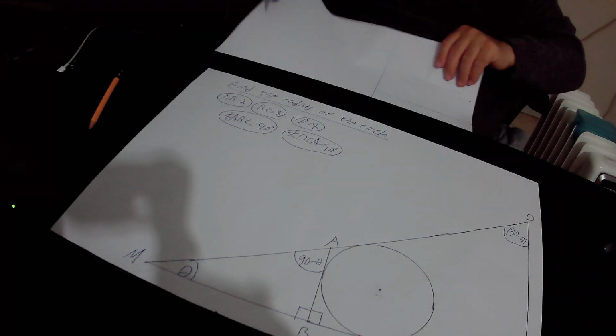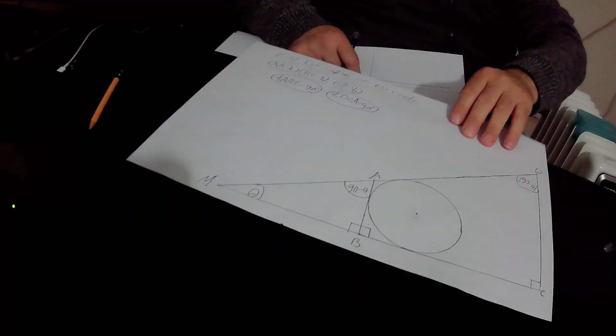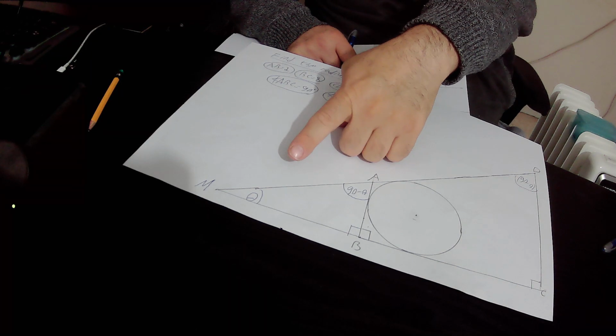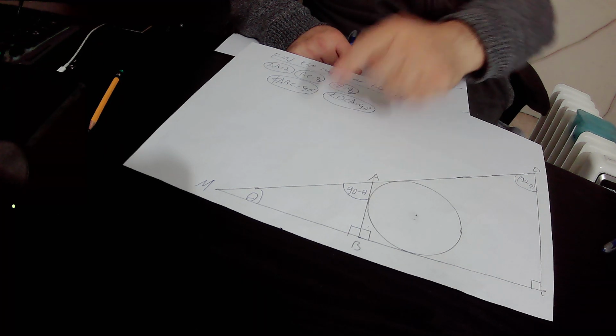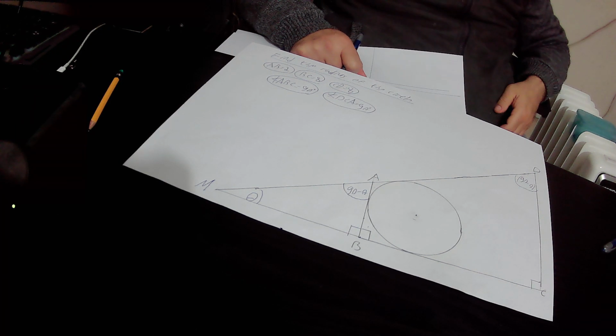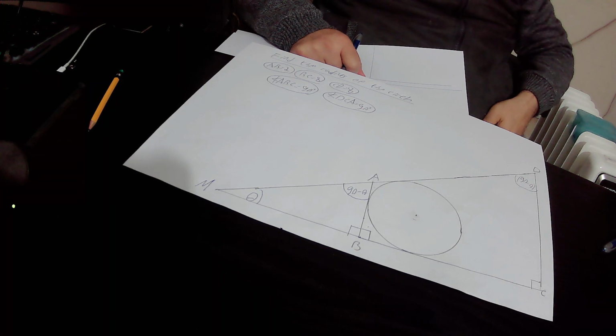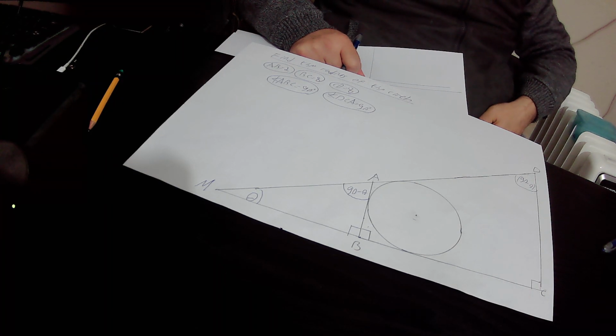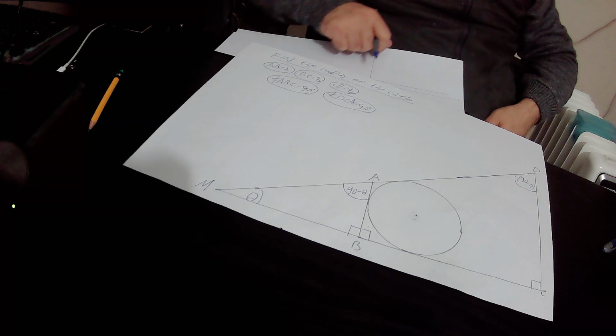In addition, this is angle theta. It is a common angle that belongs to both triangles. So you can write down that angle theta equals itself as a common angle that belongs to both triangles.